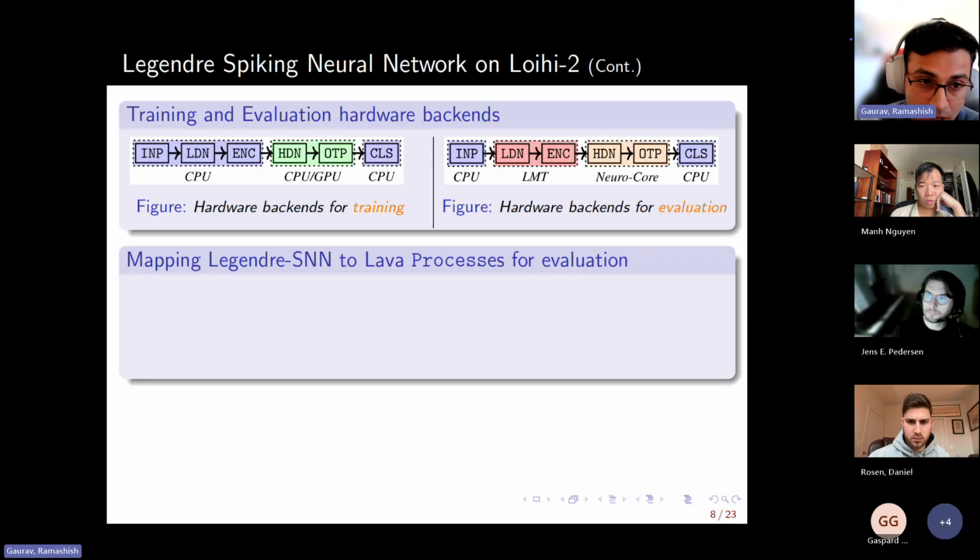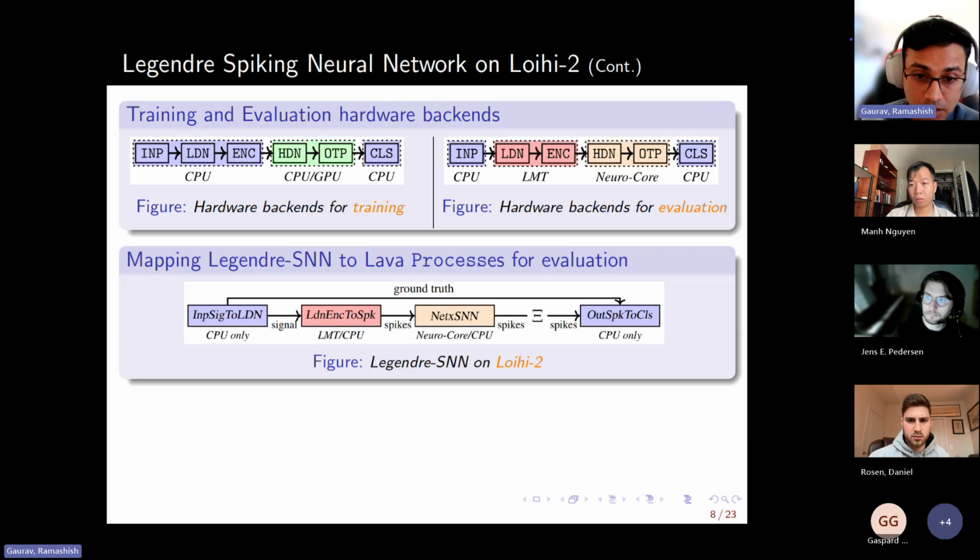So coming to how to map individual layers of the Legendre-SNN as Lava processes on the Loihi-2 for evaluation, this picture shows you exactly that. Please note that these two figures are color coded.